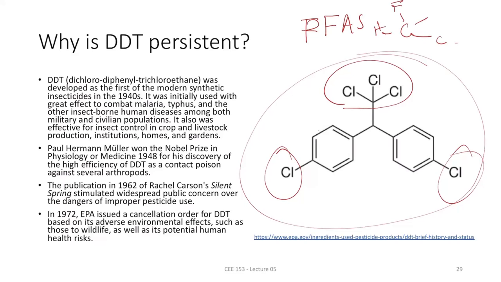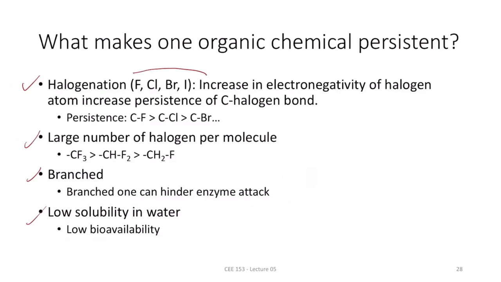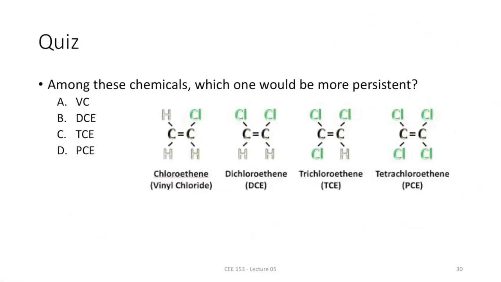That's why I say anytime you have fluorine, it's a very strong bond. They were used for a long time, but like DDT, they have recently been found to cause cancer, and they are so persistent that they are found in every groundwater. So again, you have to understand chemistry a little bit so that you can predict those persistent compounds or try to understand them.